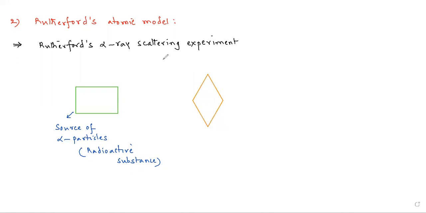See the alpha particles that are coming from the radioactive substance are allowed to pass through this slit or the hole. Now this plate is made of lead. This is of course a lead plate.